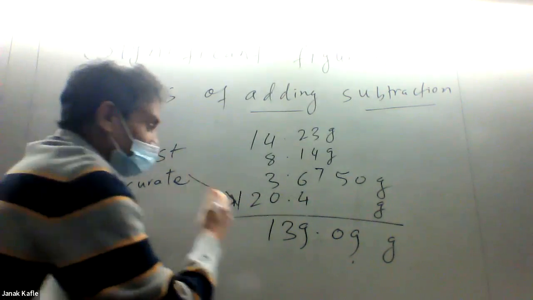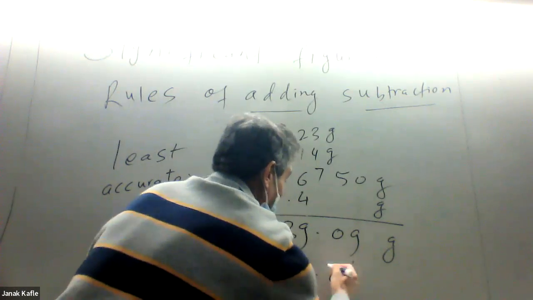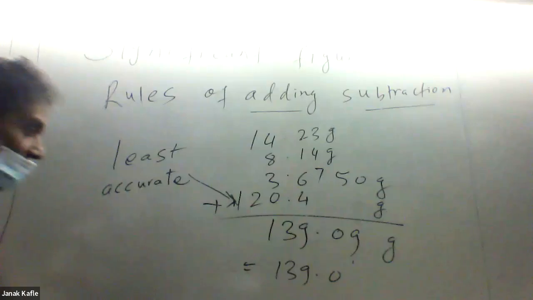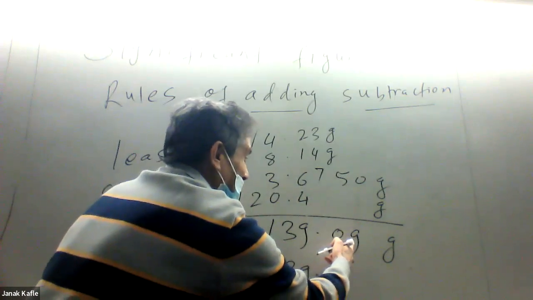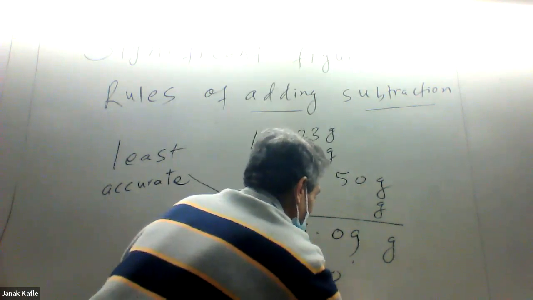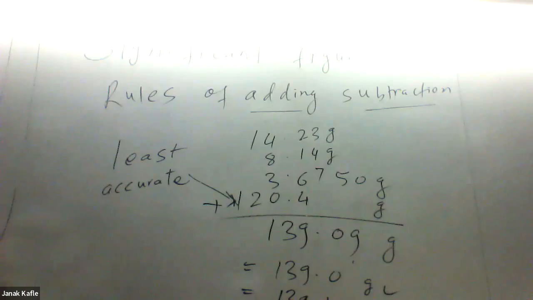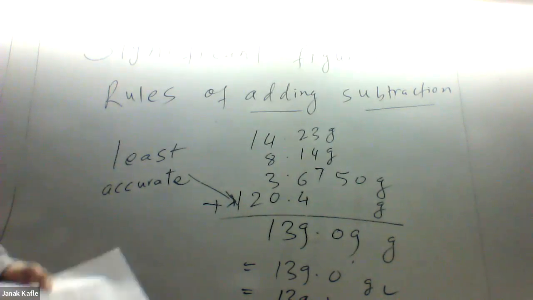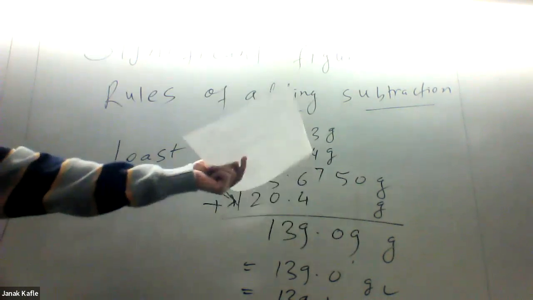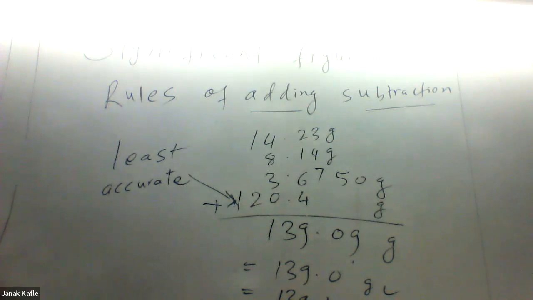So my answer would be either you write 139.0, that's good, or you could just round the 0.9 and bring it here as 139.1 gram. This is also good. We are just talking about the significant figures here rather than which number. Well, 0.1 is good or 0.0 is good. Make sense?